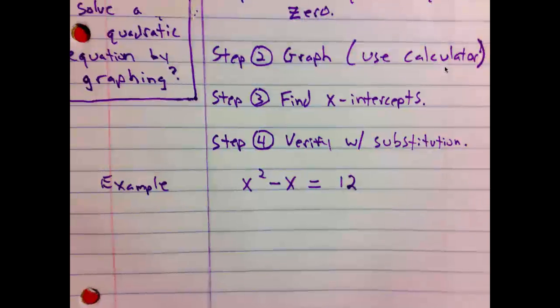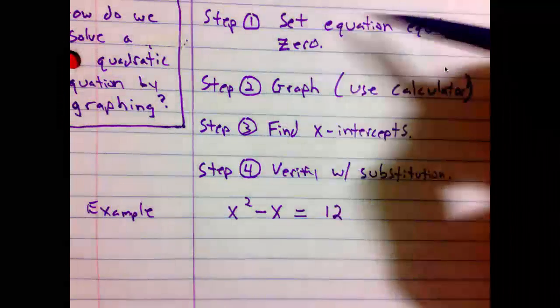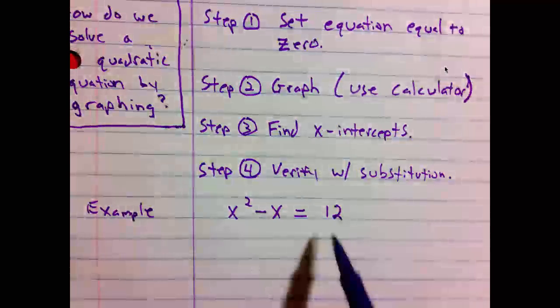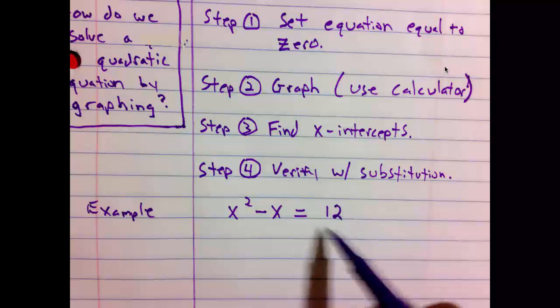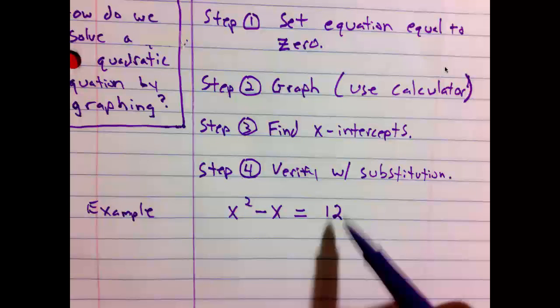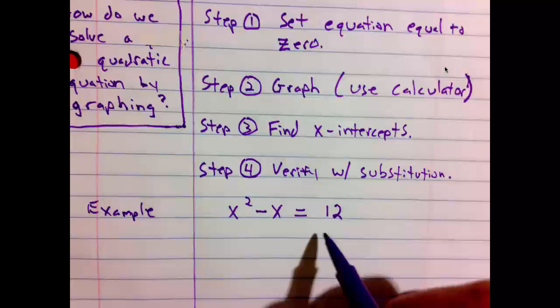Okay, so our first step is to set the equation equal to 0. In this case, it's equal to 12, so we want to get a 0 on the right-hand side. How are we going to go about that? Well, it's a positive 12, so we'll simply subtract 12 on both sides.